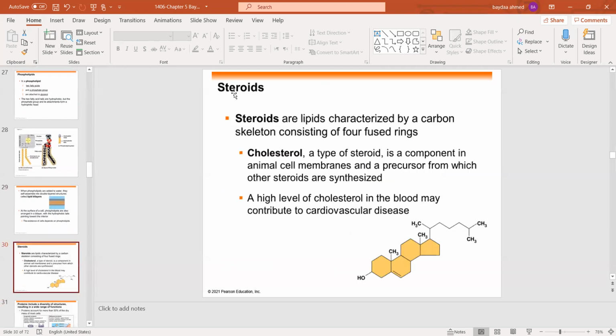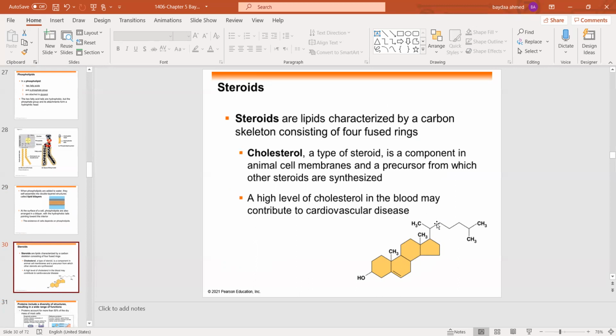The third type of lipids we have is steroids. Steroids are lipids characterized by a carbon skeleton consisting of four fused rings. Different steroids are distinguished by the particular chemical groups attached to this ensemble of rings.